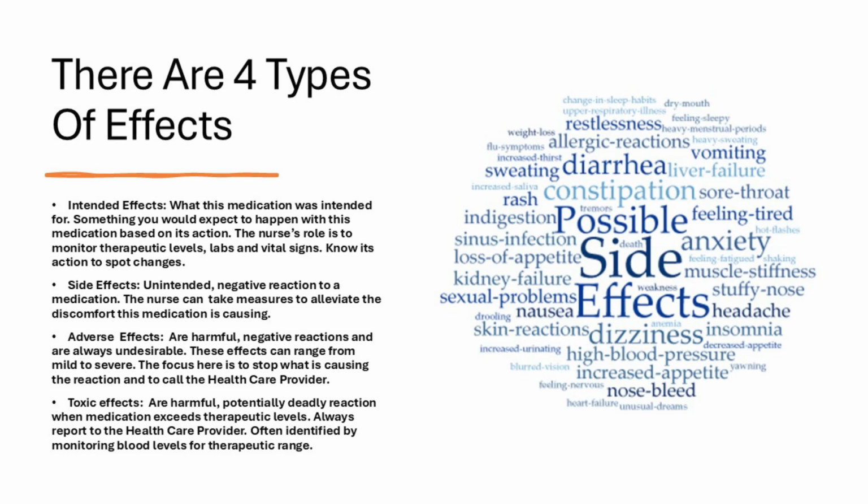Something you would expect to happen with this medication based on its action. So it's very important for you to understand the action of the medication so that you can spot the changes. Now, the nurse's role in the intended effect of any medication is to monitor for therapeutic levels, labs, vital signs. So, this is what we would do for intended effects.